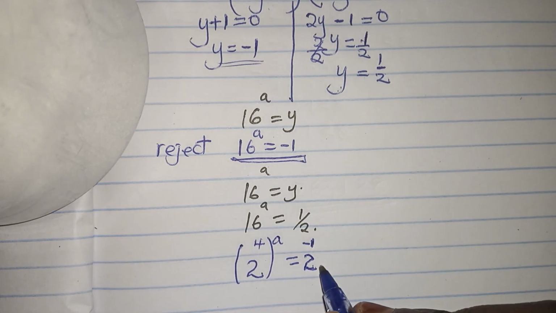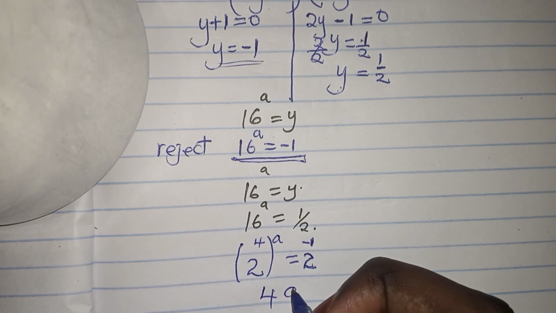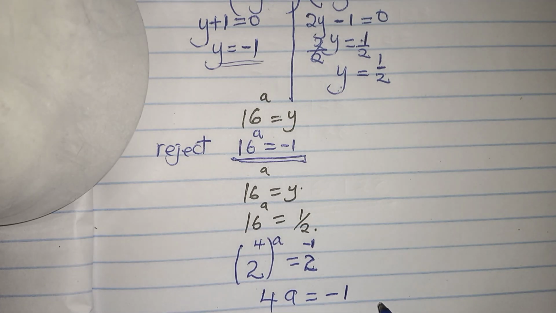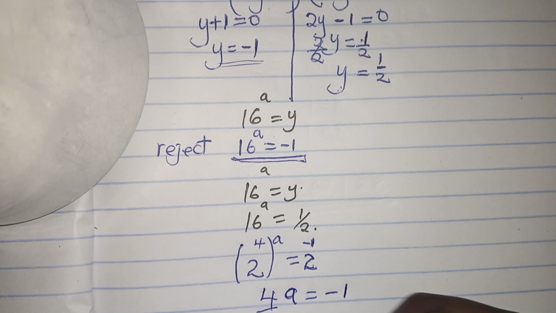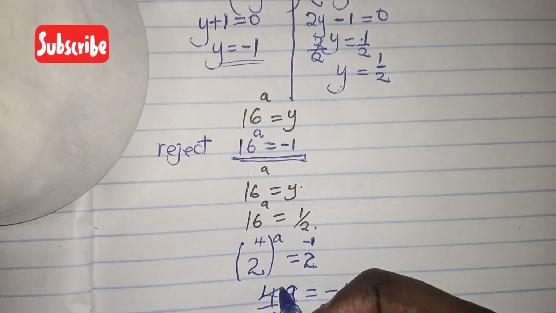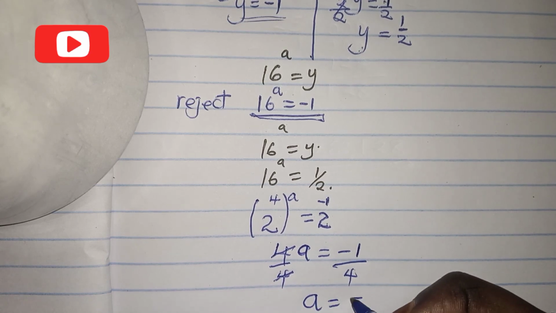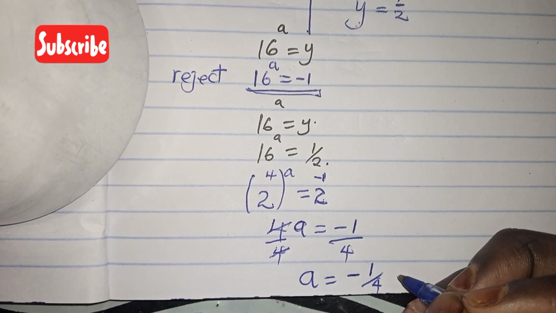Our bases are now the same. I can equate my powers: 4a is equal to -1. And I'm looking for the value of a. I'll divide here by 4 and also divide here by 4. So this and this will cancel, and a is equal to -1/4. And this is our final answer.